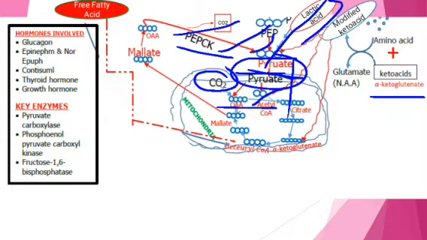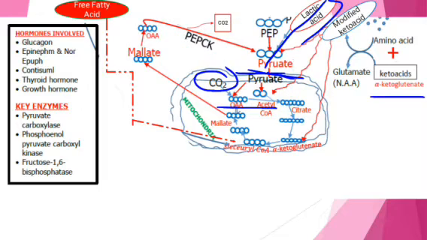Reversible step 9, conversion of phosphoenol pyruvate to pyruvate by pyruvate kinase. An example of the enzymes is pyruvate carboxylase. Oxaloacetate is a four-carbon molecule, and if it must be converted to pyruvate, another carbon must be added.